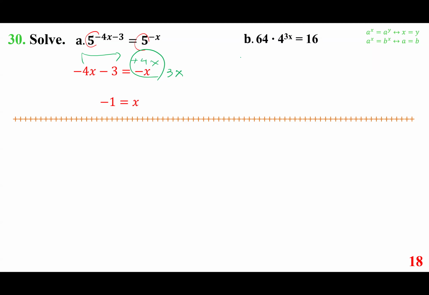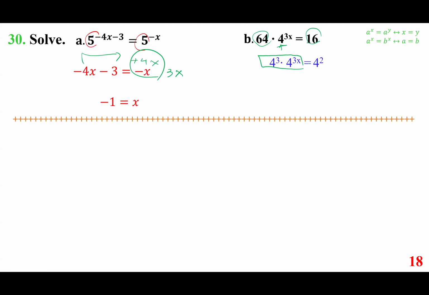Now, the second case, part B, they don't have the same base. So notice we can write this one as 4 cubed, this one as 4 squared because the base is 4 here. So these two, we can add up their exponents.